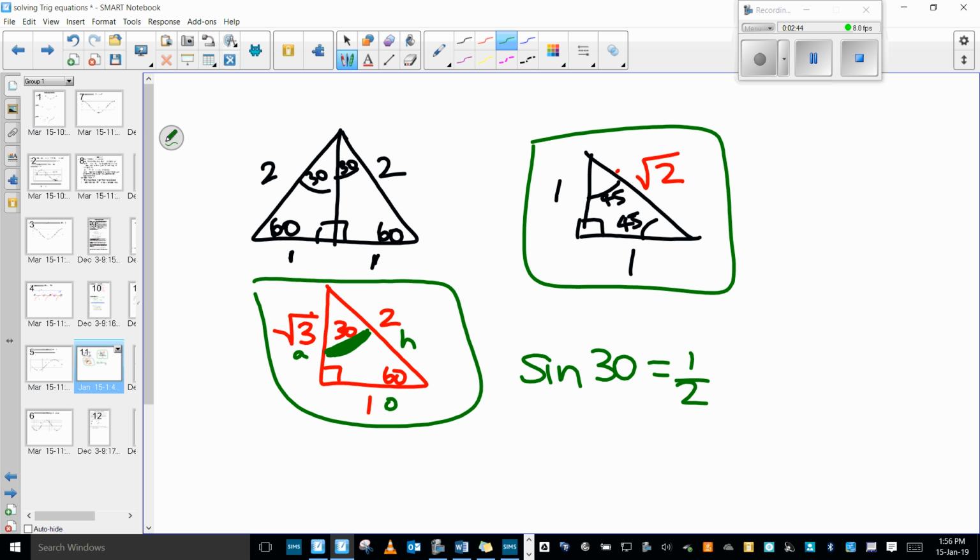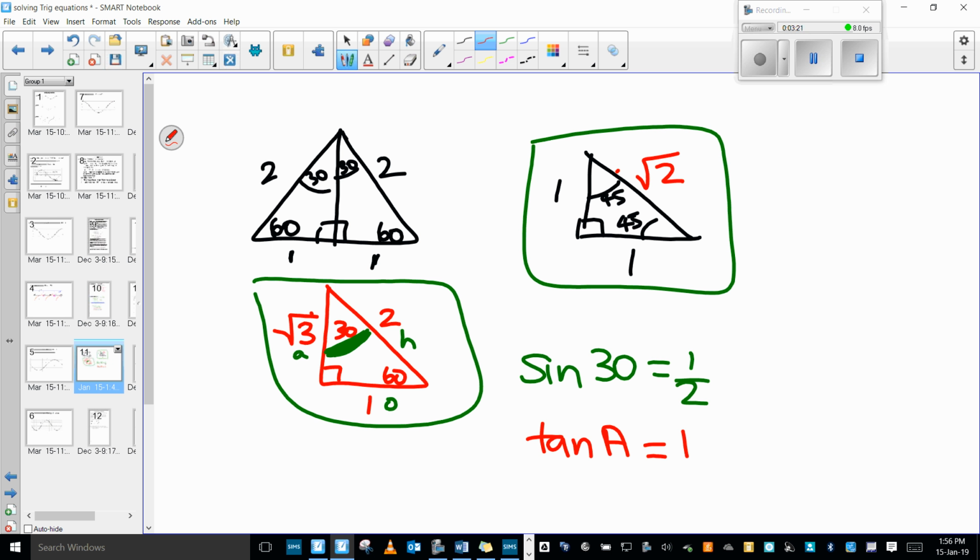In a similar way, if I had said that tan of A equals 1, I need to find out which angle should go in here. So tan is equal to what over what?